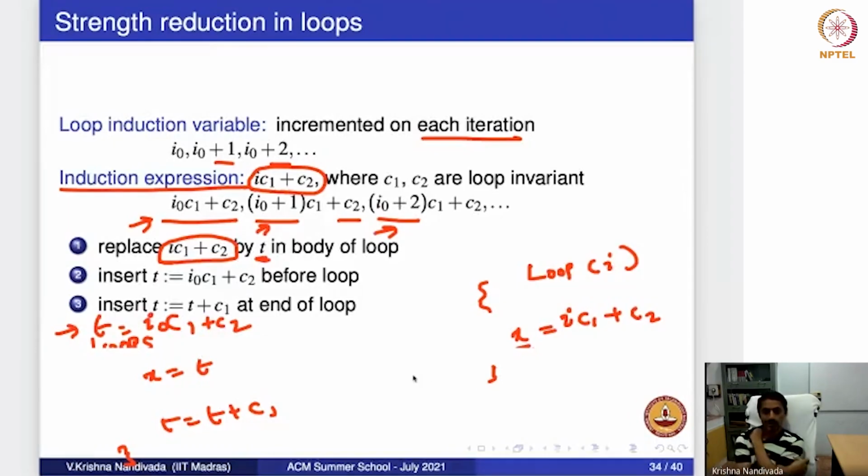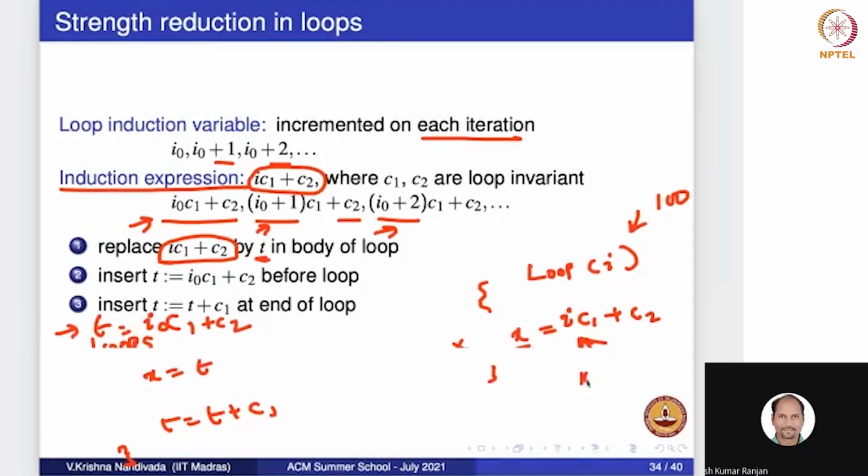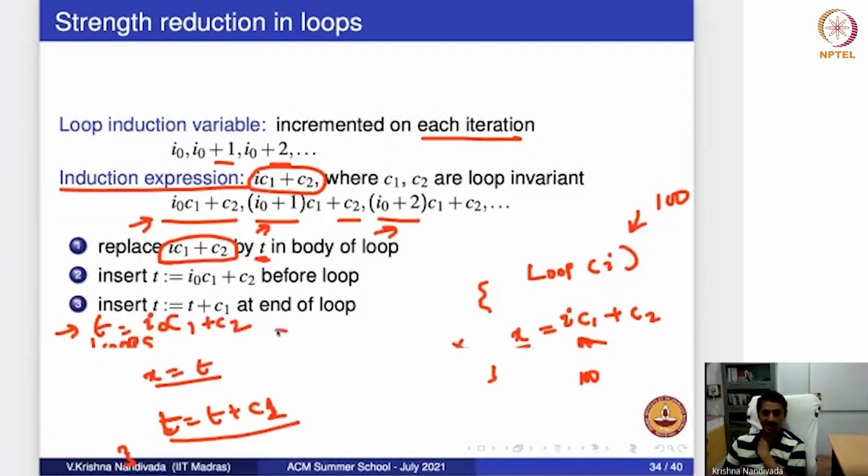Can someone point it out to me? Between this code, let us say this loop goes over 100 iterations. How many multiplications do I have? 100 multiplications and 100 additions. Very good. Here, how many multiplications do I have? 0. Only one multiplication here.